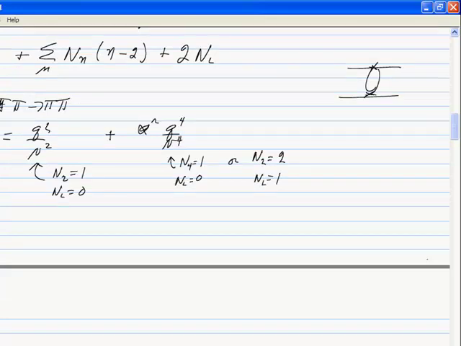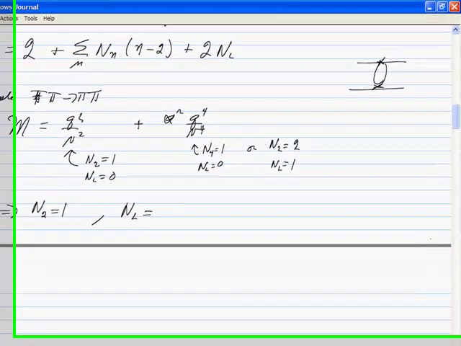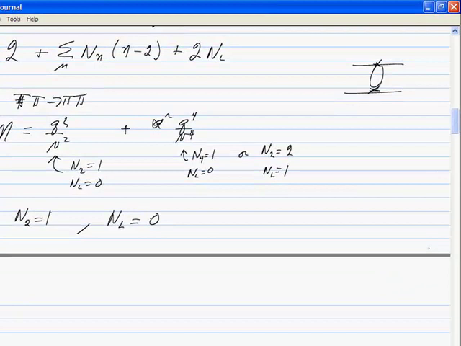Okay. But this then tells us that this is going to be true in general. If we want order energy squared, we can only get that from the tree level. N2 is equal to 1, but basically N loops has to be equal to 0.